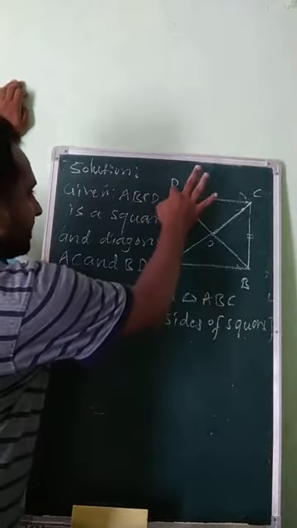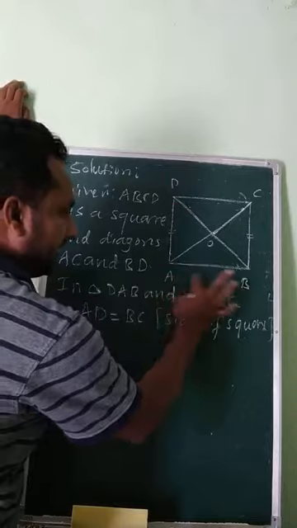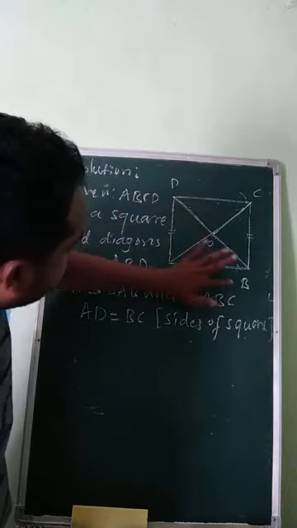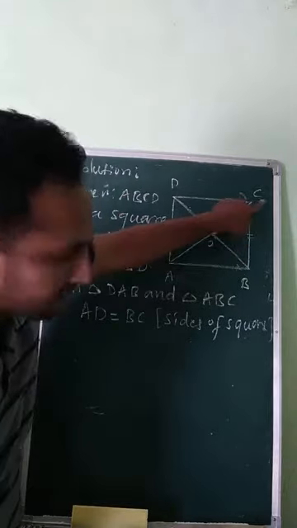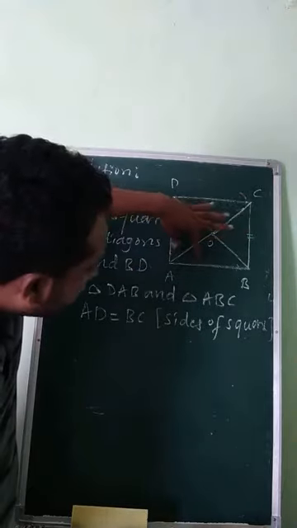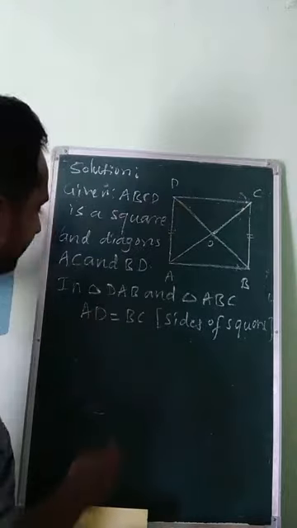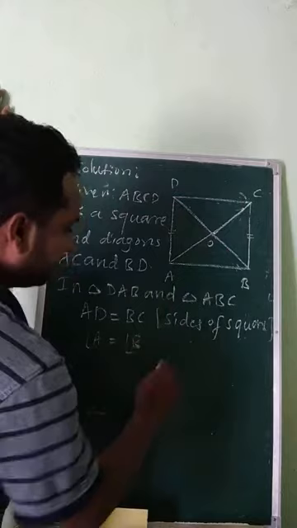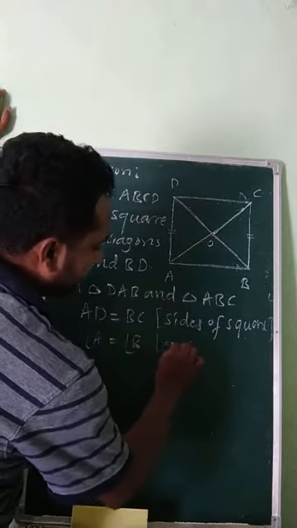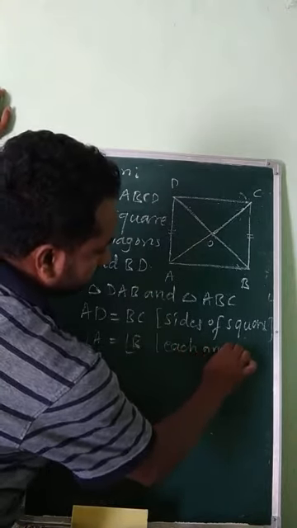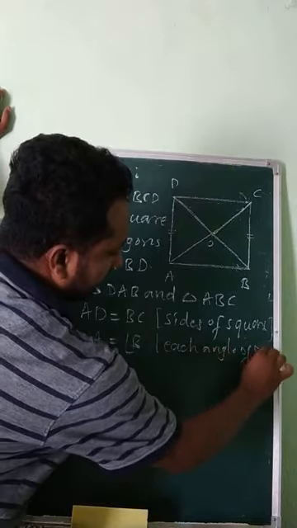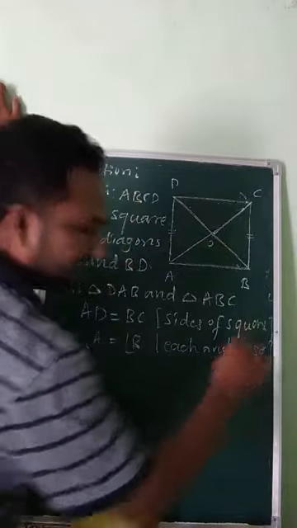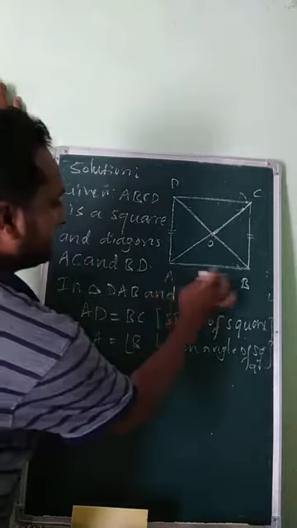Then see what about angle DAB and angle ABC. In this triangle, angle DAB and in triangle ABC the angle ABC are equal because each angle of a square is 90 degrees. So you can write angle A is equal to angle B, reason: each angle of the square is 90 degrees. Now one more element, AB is equal to AB.